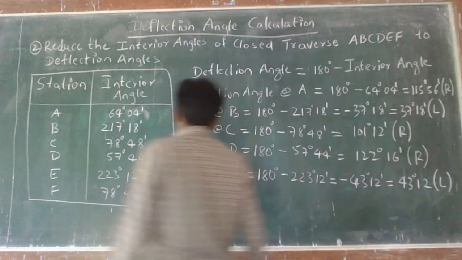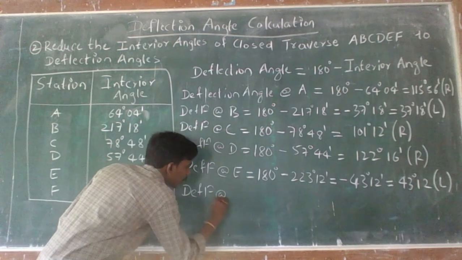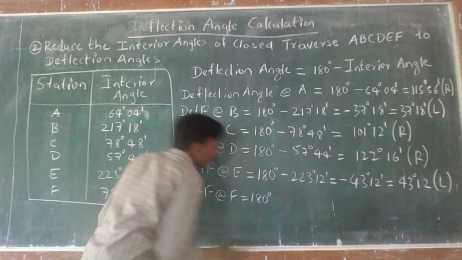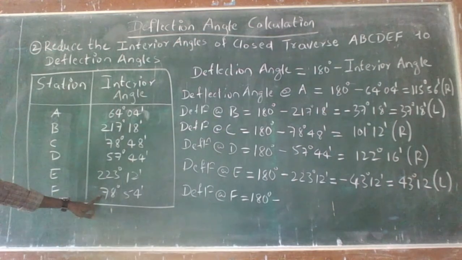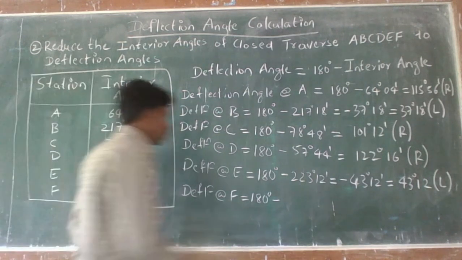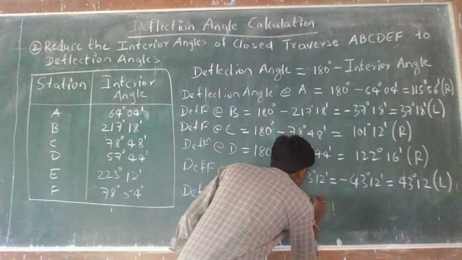Now the last deflection angle at station F. As per the formula, 180 degrees minus interior angle at F. The interior angle of station F is 78 degrees 54 minutes.